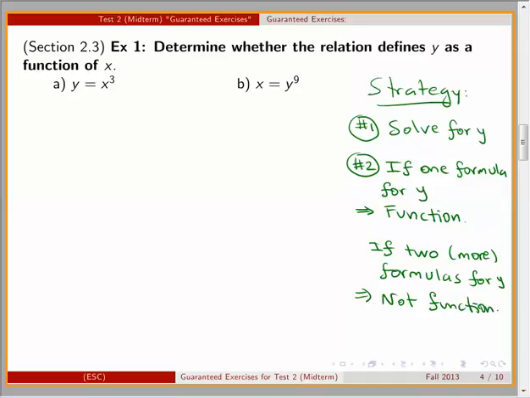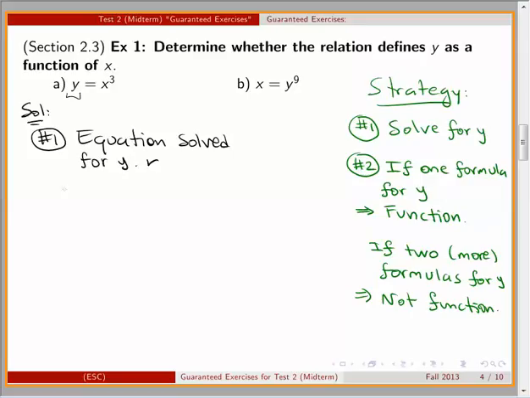Okay, so let's do part A. In part A we notice the equation is already solved for y.